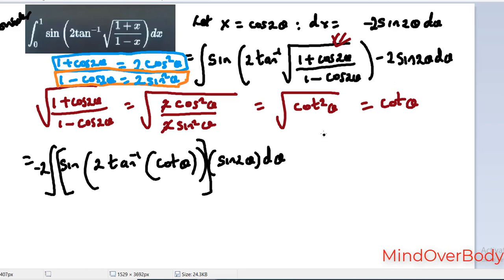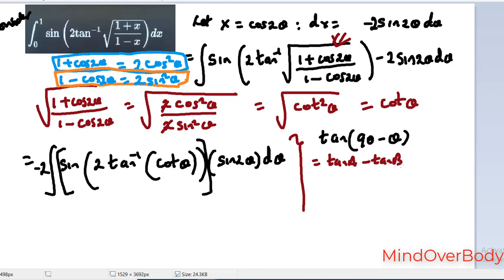Now one observation you need to know is tan of 90 minus theta. What is that? This is similar to tan of a minus b. So the tan of a minus b formula is tan a negative tan b divided by 1 positive tan a tan b.